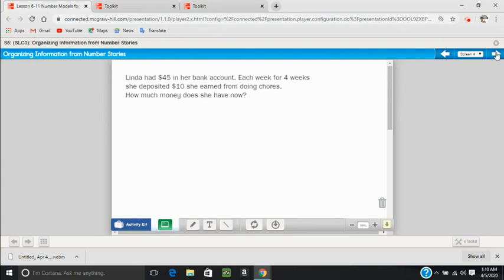Linda had $45 in her bank account. Each week for 4 weeks, she deposited $10 she earned from doing her chores. How much money does she have now? Let's go back through and highlight those important items again.